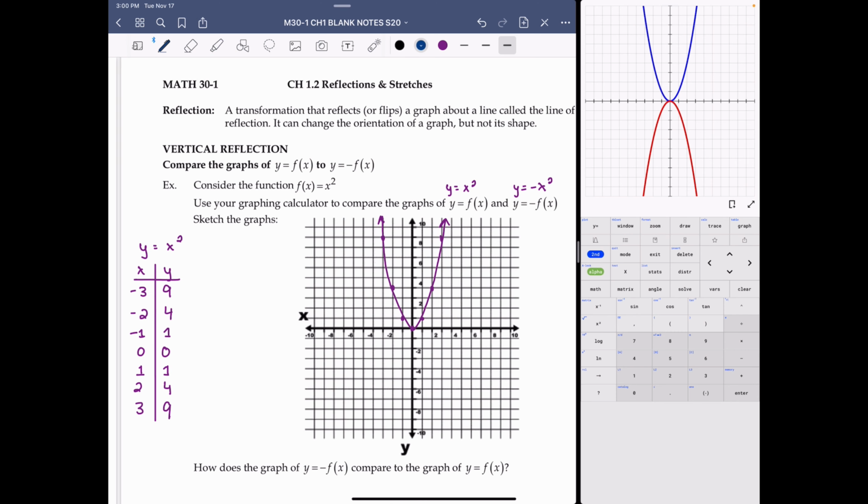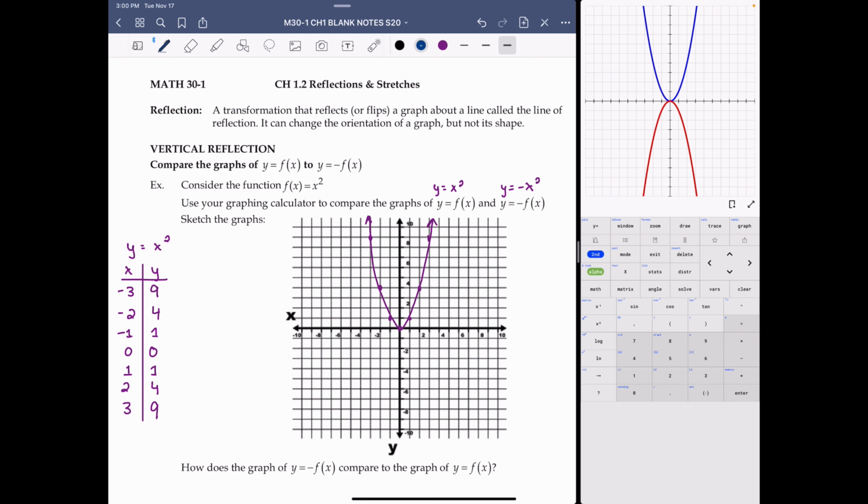We can do a table of values to plot some points. We'll do the same values that we did in the other function, -3, -2, -1, 0, 1, 2, and 3.